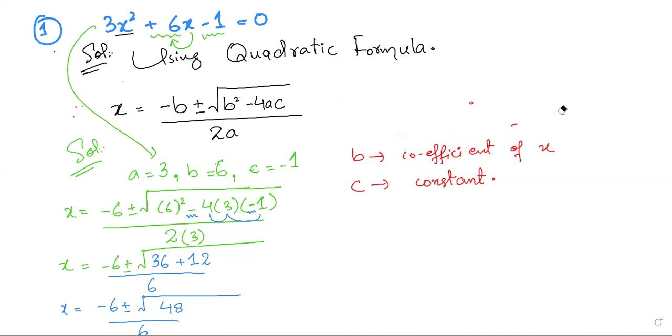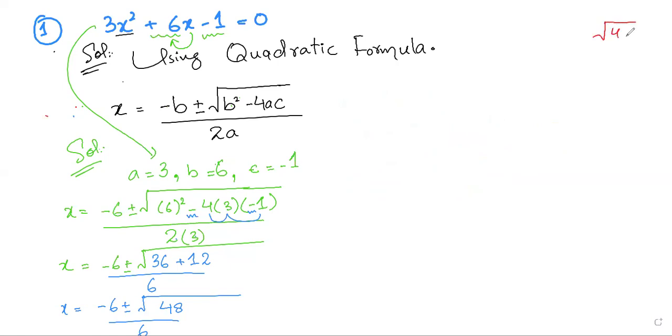Now, do you know how to solve a square root? If you have been given a square root, how to solve it? We'll do it here. Like we have the square root of 48. It means 48 can be done by prime factorization: 2 times 24, 2 times 12, 2 times 6, and 2 times 3.